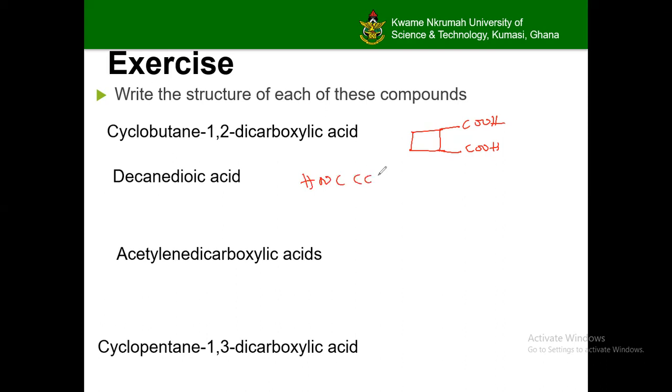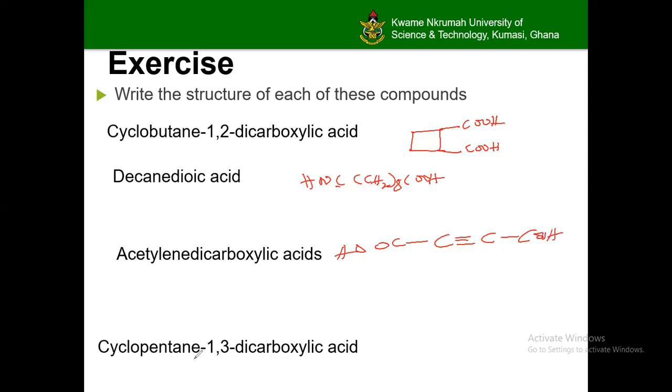So I can write HOOC, then CH2, so 8, COOH. Now I'm writing 8 here because these carbons will be added to get my 10 carbons, right? Then I have acetylene dicarboxylic acid. Acetylene is carbon, triple bond, carbon, right? So acetylene dicarboxylic acid, COOH, COOH, right? Good.